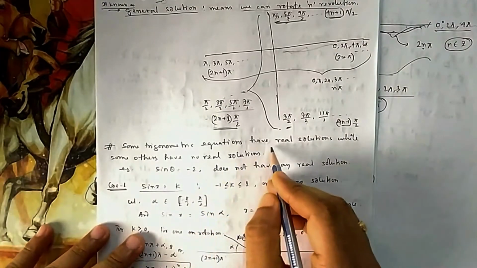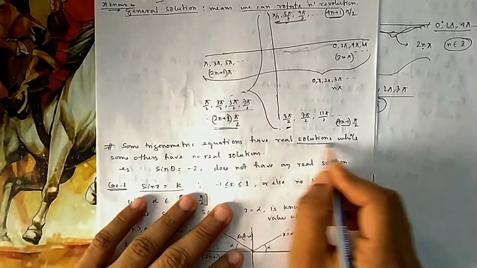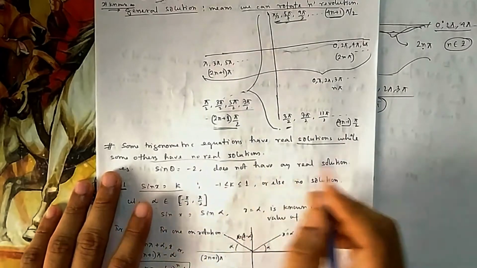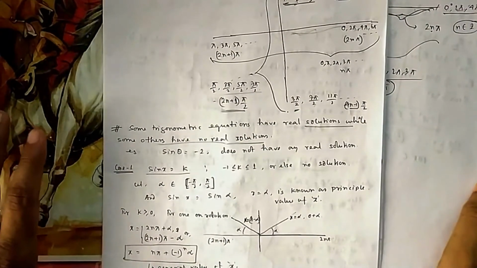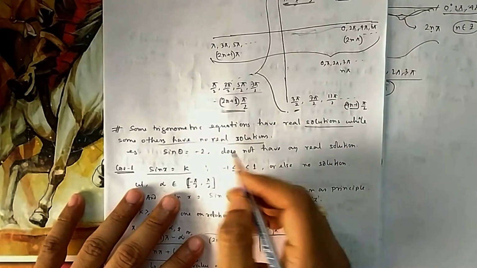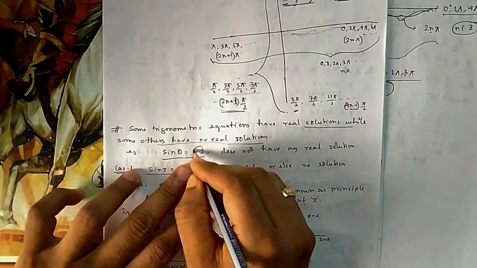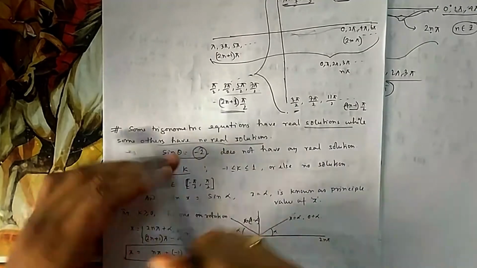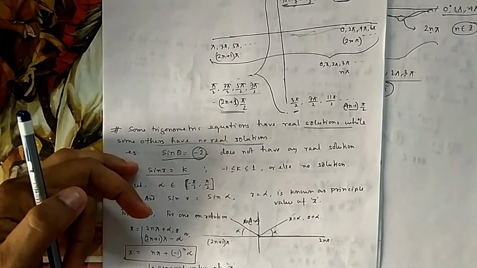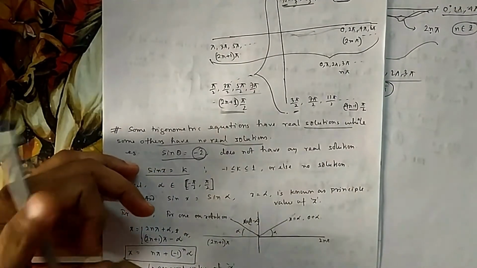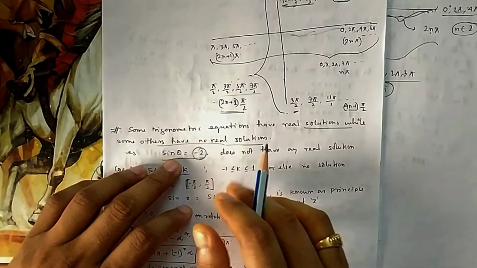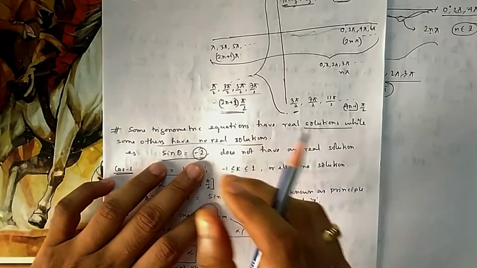Now some of the trigonometric equations have real solutions, while some will not have a real solution. Suppose sin theta is equal to -2. Can it be a solution? No, because the value of sin theta always lies between +1 and -1. If you take any angle, and take the ratio of height to hypotenuse, the ratio should lie between -1 and 1.